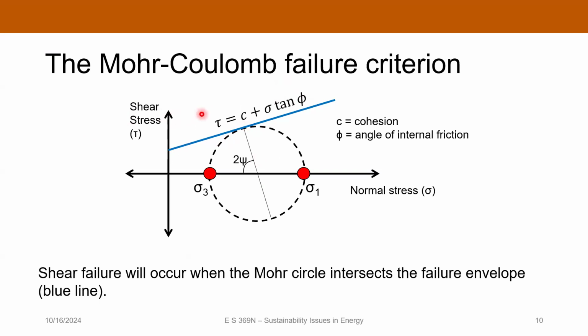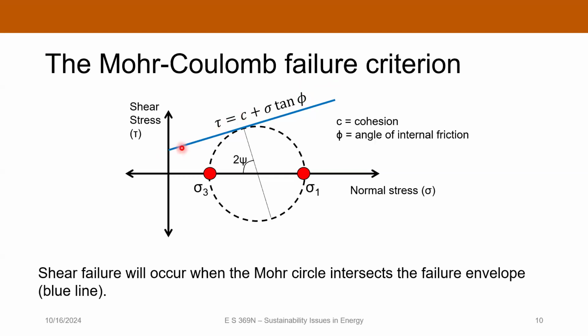And what it says is that at failure, the shear stress acting on this plane is going to be given by this equation here. And it's going to be a cohesion stress plus the normal stress on that plane at failure multiplied by the tangent of what we call the angle of internal friction. That's a material property. And it, again, determines what the failure is going to be.